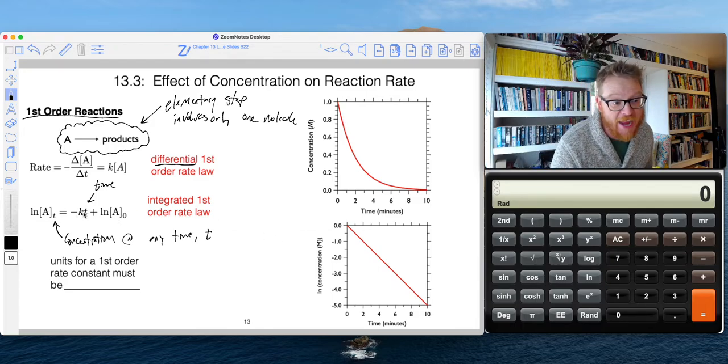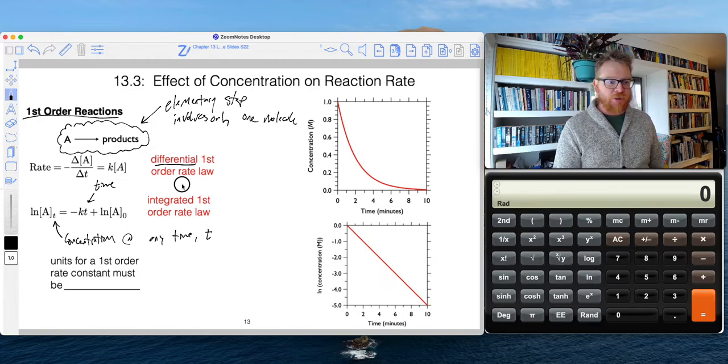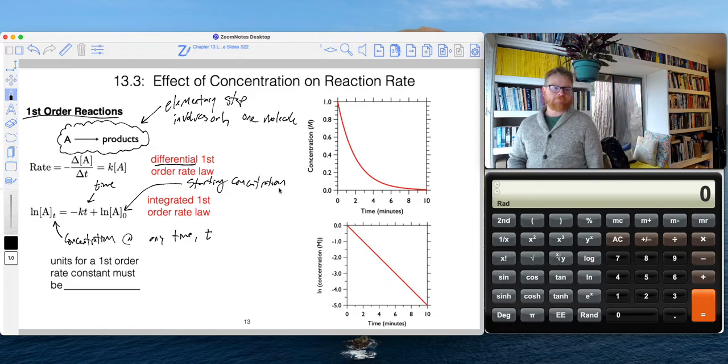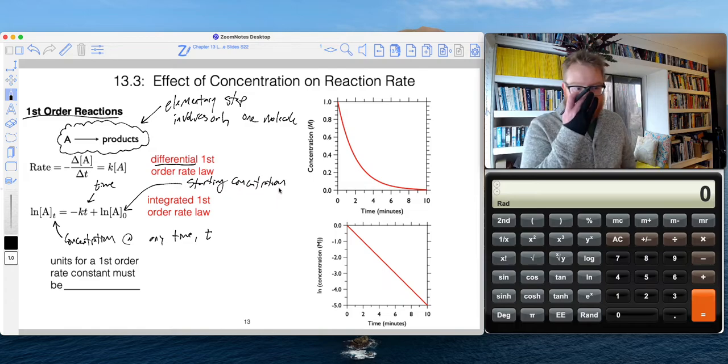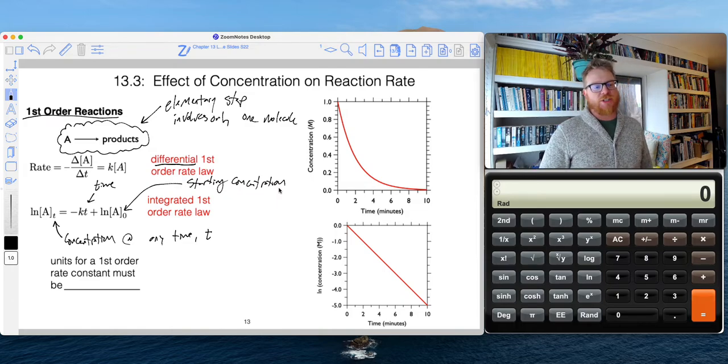So there we can see negative k times t plus the natural log of A initial, and that A initial is our starting concentration, okay?